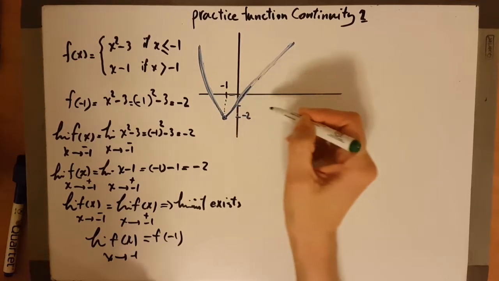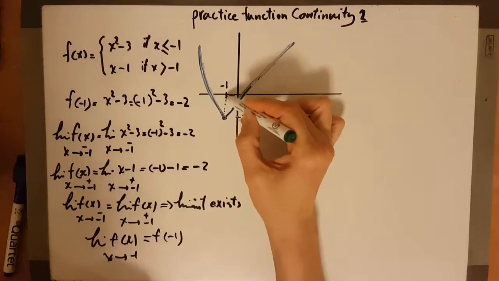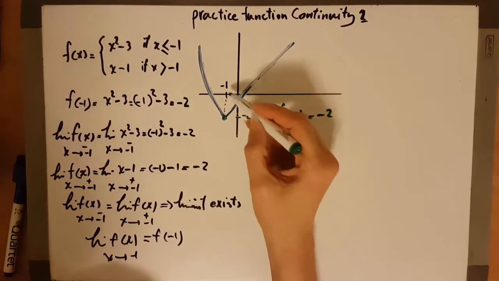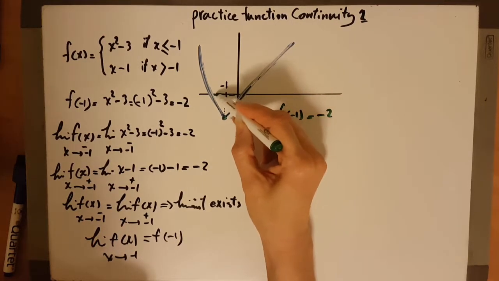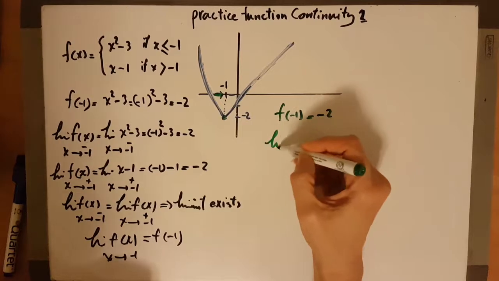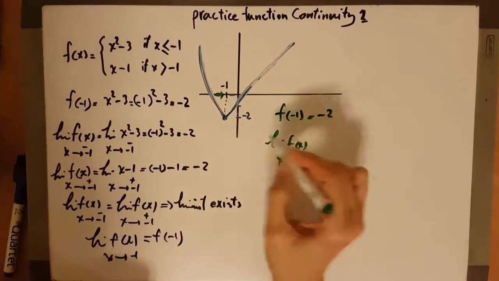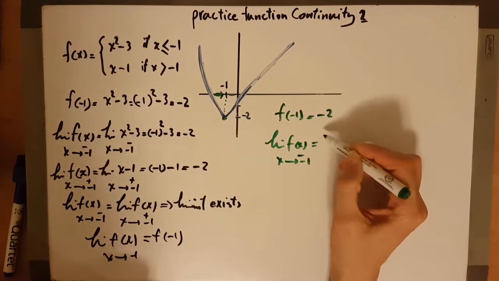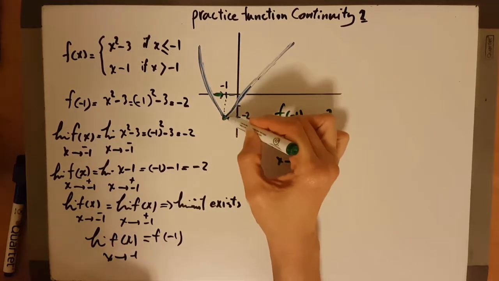As you can see, first of all, f of -1 is obviously equal to -2. And then going towards -1 from the left side, the limit of f(x) from smaller x's will, of course, be -2.